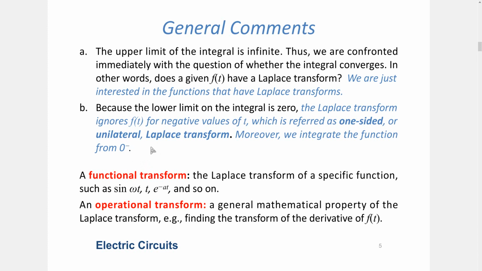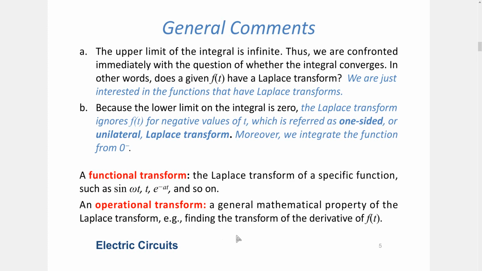Here we need to define certain terms, such as the functional transform and the operational transform. A functional transform is the Laplace transform of a specific function, such as sine omega t, t, or e to the minus at, and so on. An operational transform is more general. It's a general mathematical property of the Laplace transform.